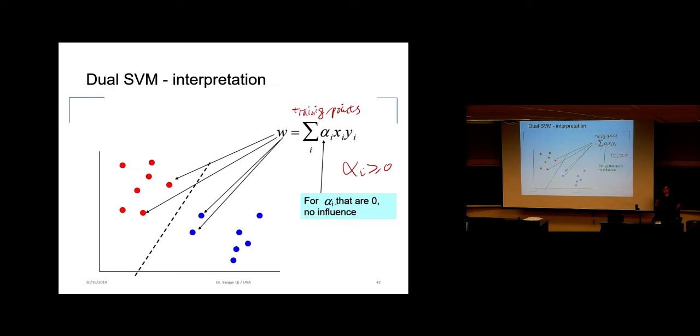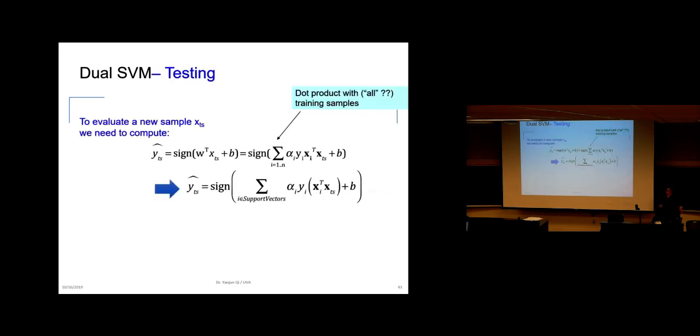Only those points on the margin contribute to the definition of W. This relates to testing, which we already did. This formulation is the dot product with all the training samples, because W equals the summation over all training samples. But in fact, during testing, what you really need is only those points with alpha I not equal to 0.